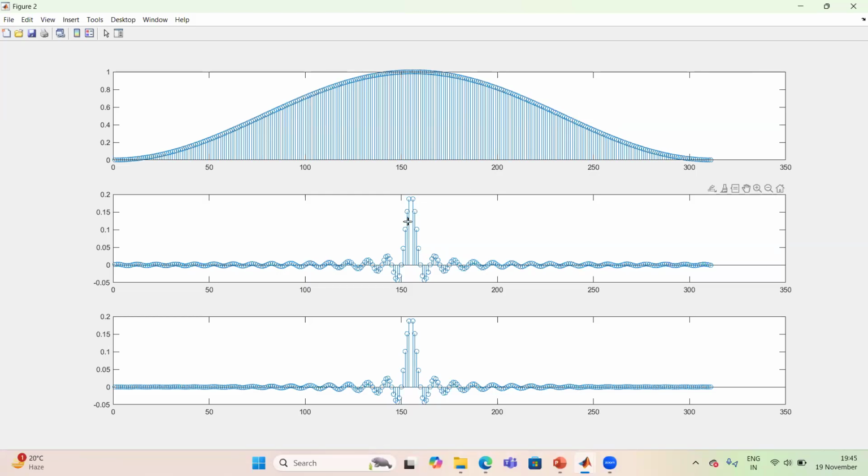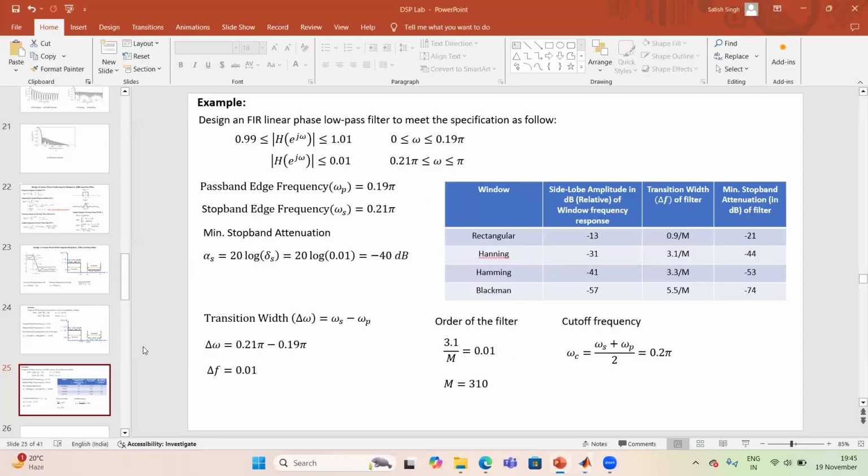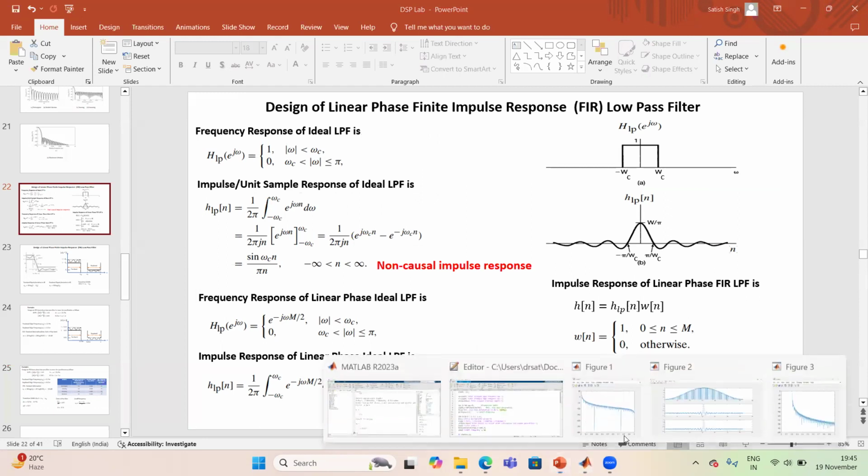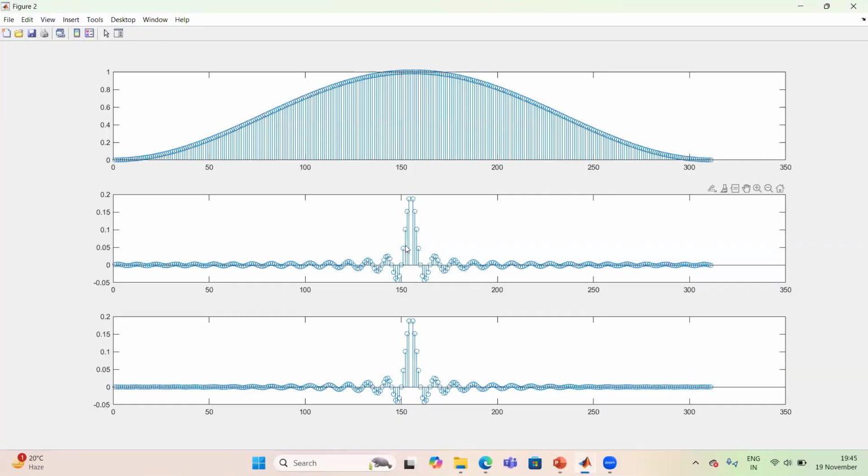Now here you can see the impulse response of your linear phase ideal low pass filter. This particular equation that I wrote, h_LP[n] equals sine of omega c times (n minus M by 2) divided by pi times (n minus M by 2), that response I'm showing here.